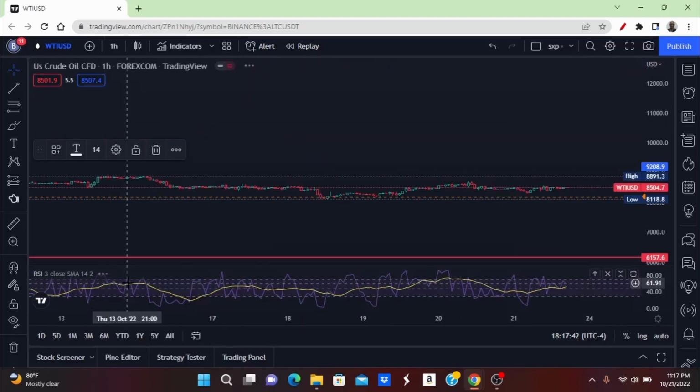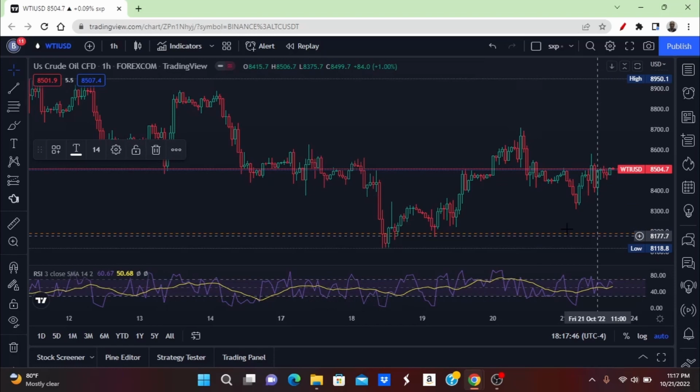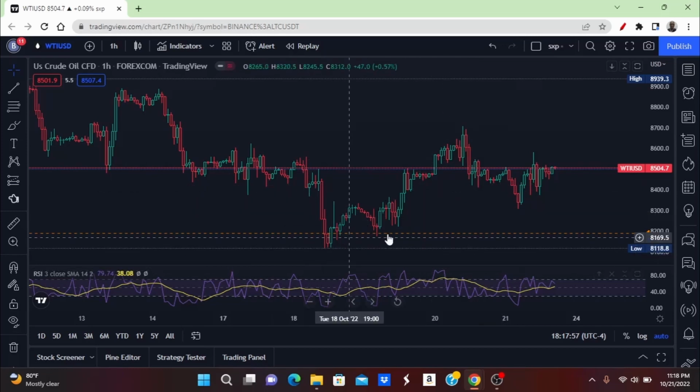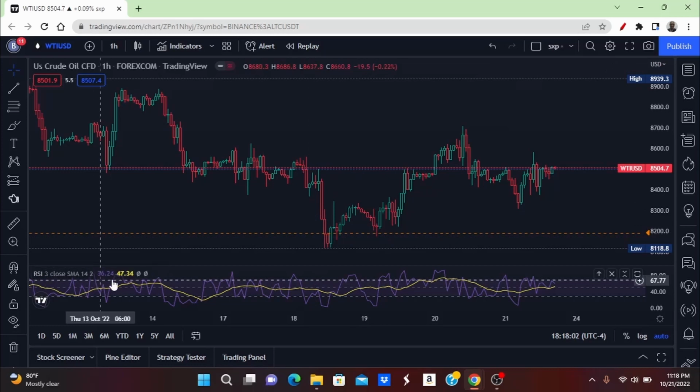So on the 1 hour time frame, we are looking at this chart and we can see that even when the market was trending downwards, there were some opportunities to buy. And so you can see what happened from here. Now when you come to the lower time frame, take note.